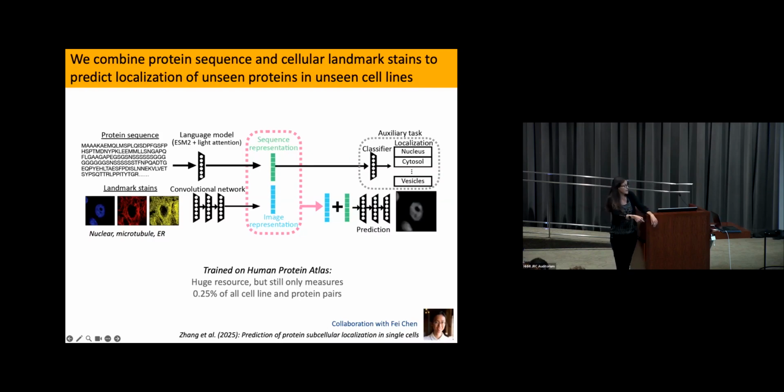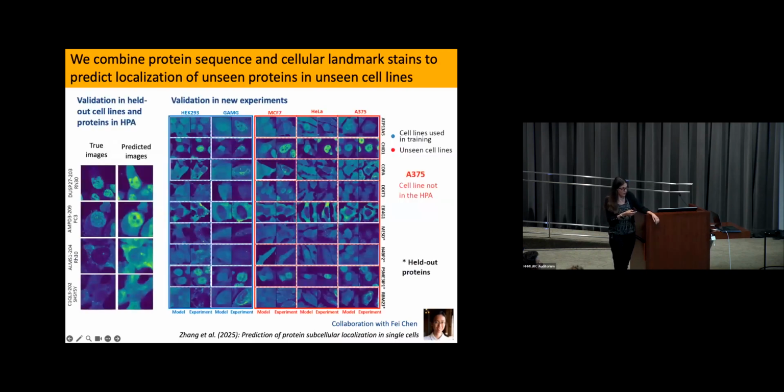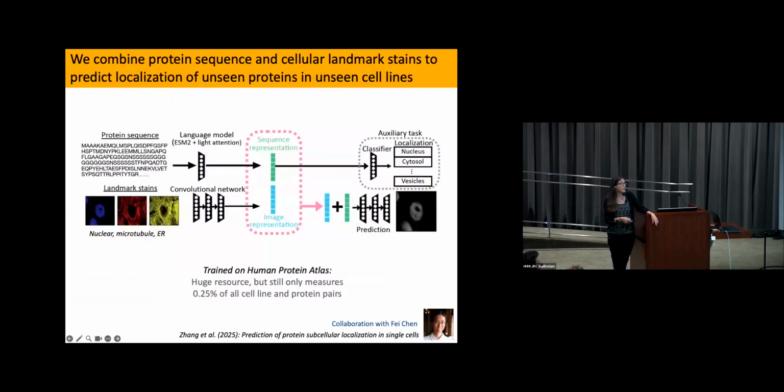As you saw in her talk, and this is work by Shini, what she has on the poster, the measured data has huge variability, with some proteins being localized in different places within a cell line or across cell lines. Because we only measure this much of all the pairs, here we can generate the protein images for any protein, any cell line.